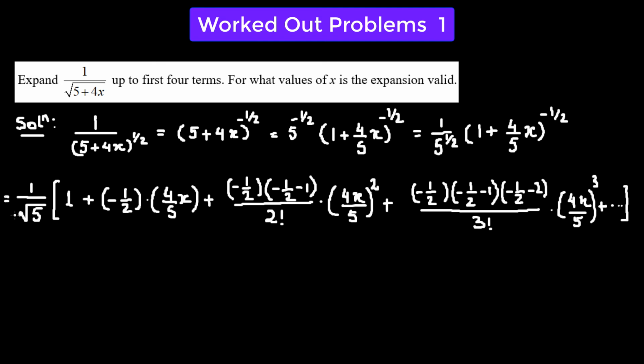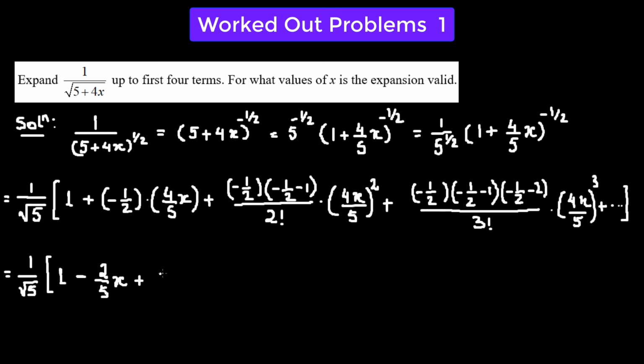So this will be equal to 1 over square root of 5 times 1. So we have a negative number multiplied to a positive number, so that would give us a negative 1. So we have 1 times 4, which is 4 divided by 10, and 4 over 10 can be written as 2 over 5.